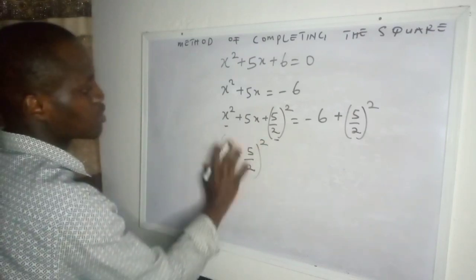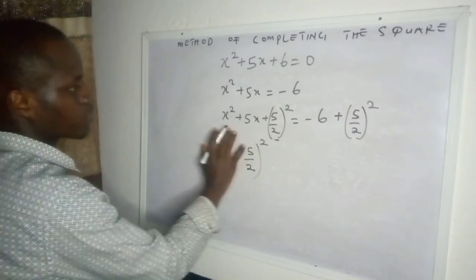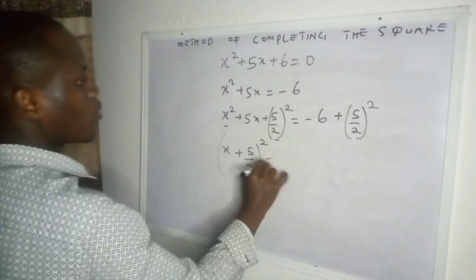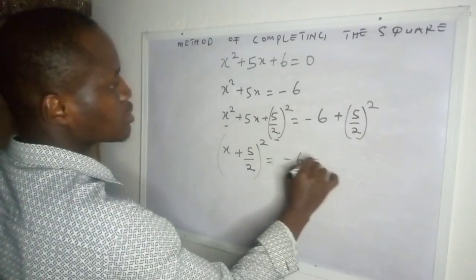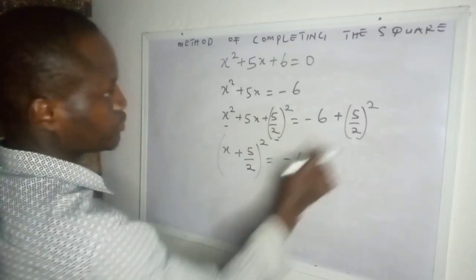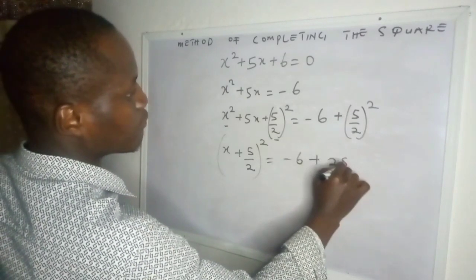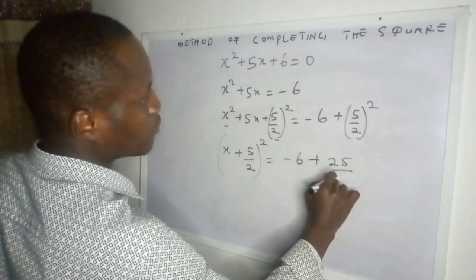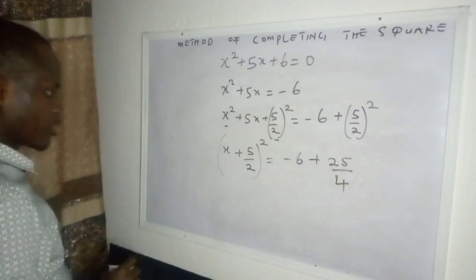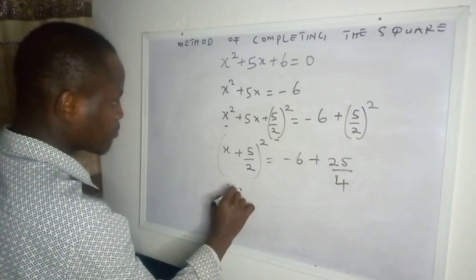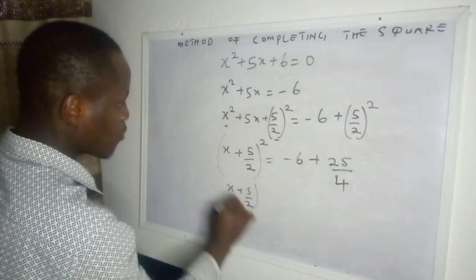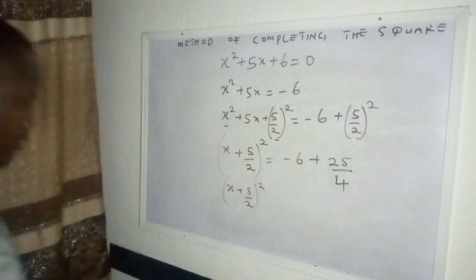If you expand this, you'll get this equal to minus 6 plus 25 over 4.